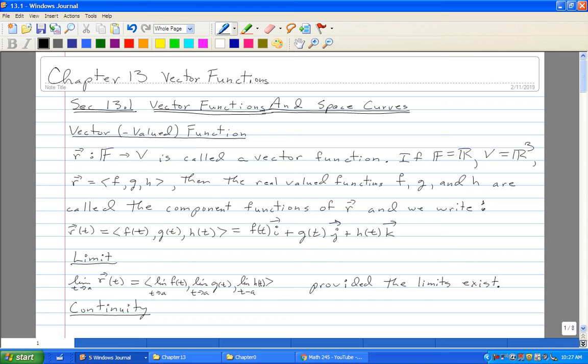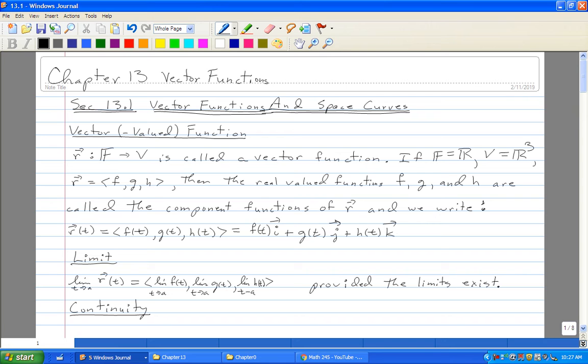Analogous to what we did in Calculus 1, we can define the limit of a vector function as just the limit of those component functions.